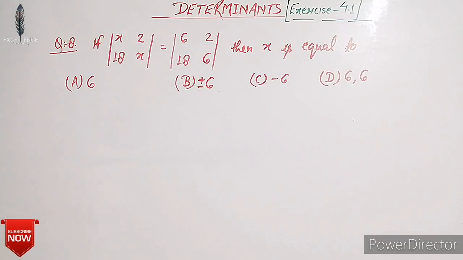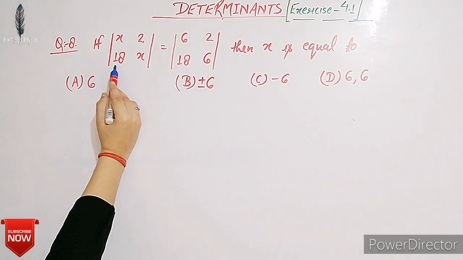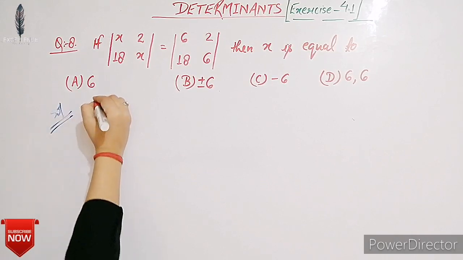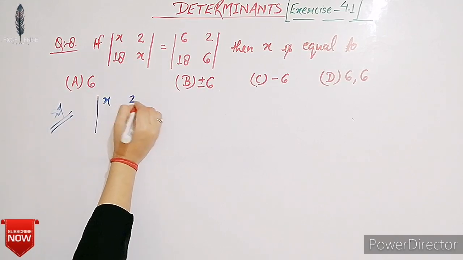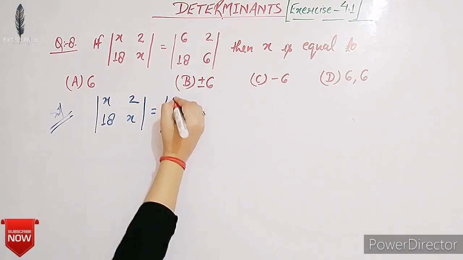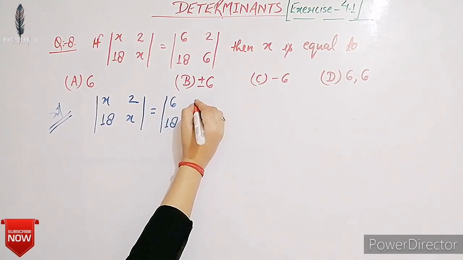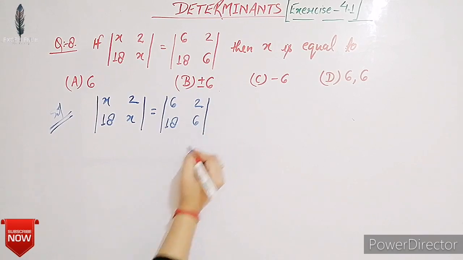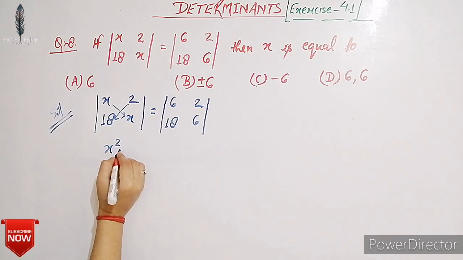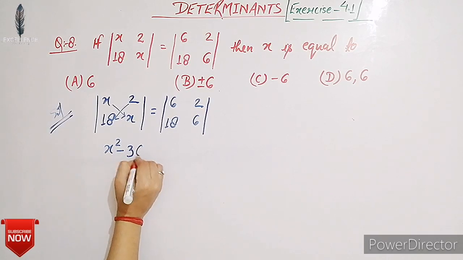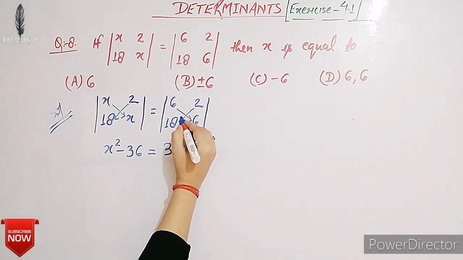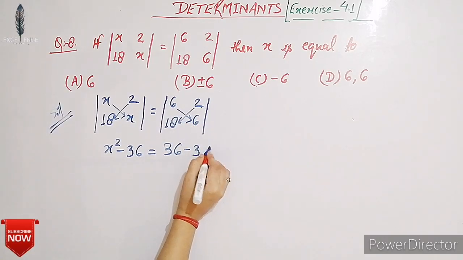Let's see the next question, question number 8. Here these two determinants are equal and we have to find the value of x. So here x, 2, 18, x is equal to 6, 18, 2, 6. On evaluating, we get x into x square minus 36 is equal to 6 into 6, that is 36 minus 36.